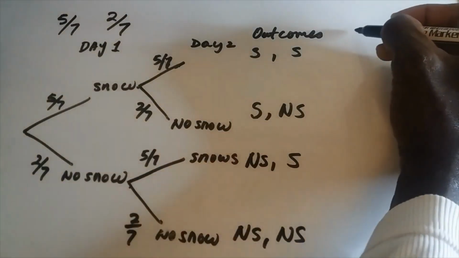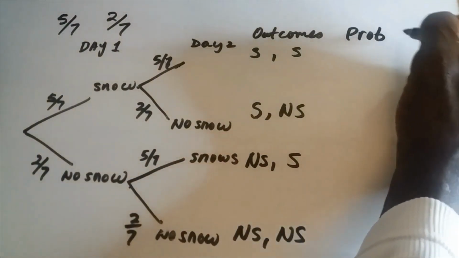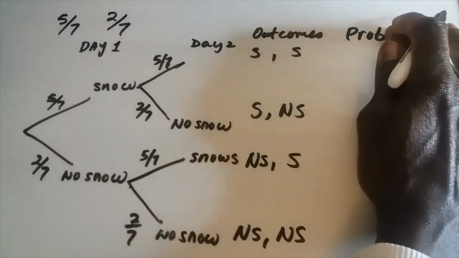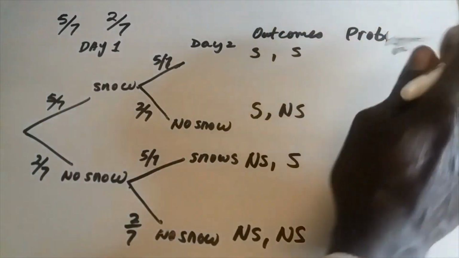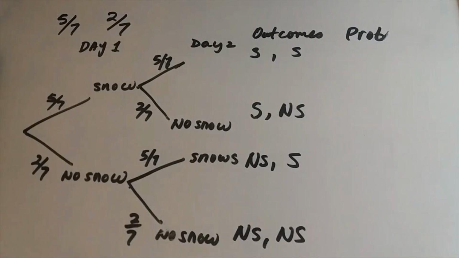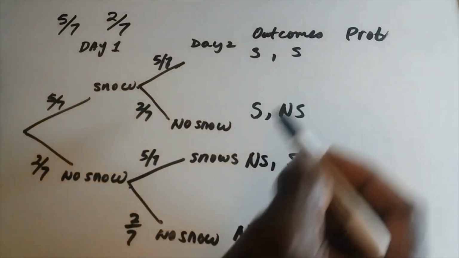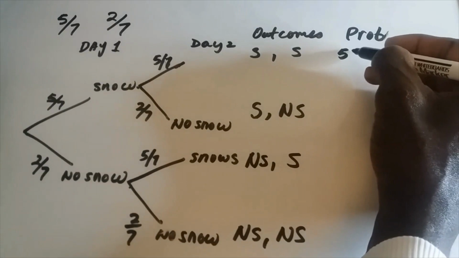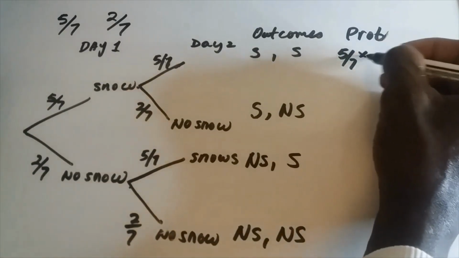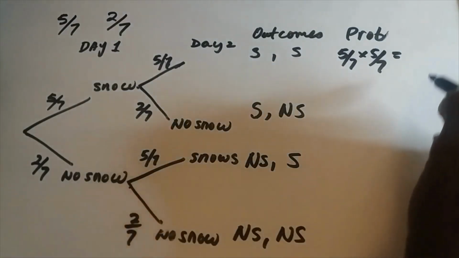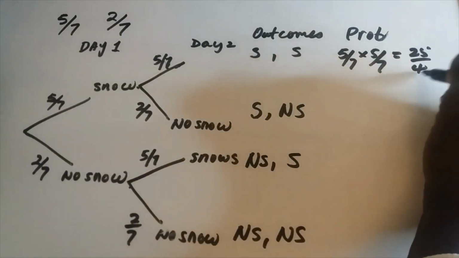And now we can calculate our probabilities. Let's write that as just PROB for short. Our probabilities as we go through the branches. So if we look at what the outcomes are, snow and snow, we have 5 over 7 times 5 over 7, which gives us 25 over 49.